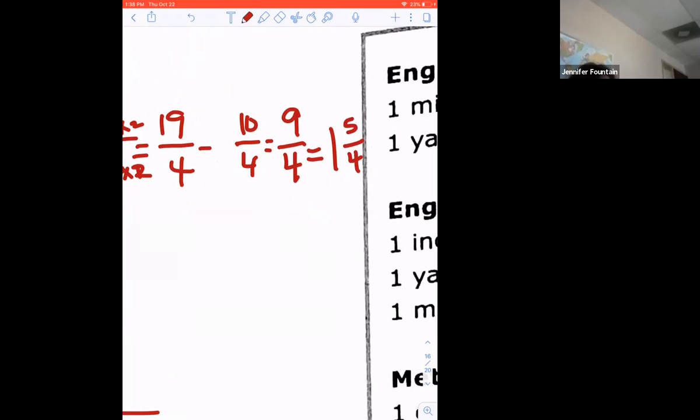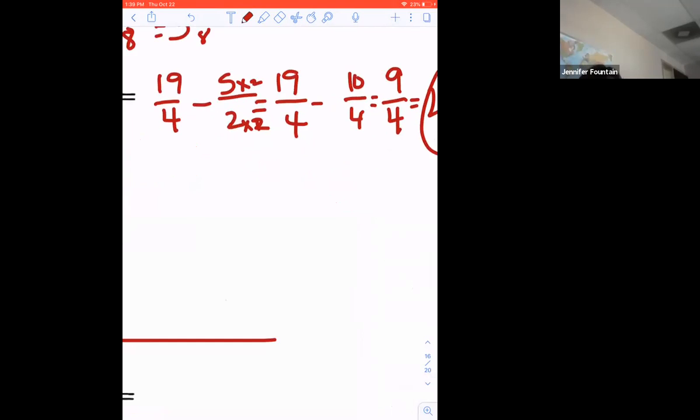I didn't do it enough, did I? So anytime you end up with a fraction that is improper again, that means you didn't divide. So going back, 4 will go into 9, 2 times. 2 times 4 is 8. Whoop. So I have 1/4. 2 and 1/4 is my final answer on that one.